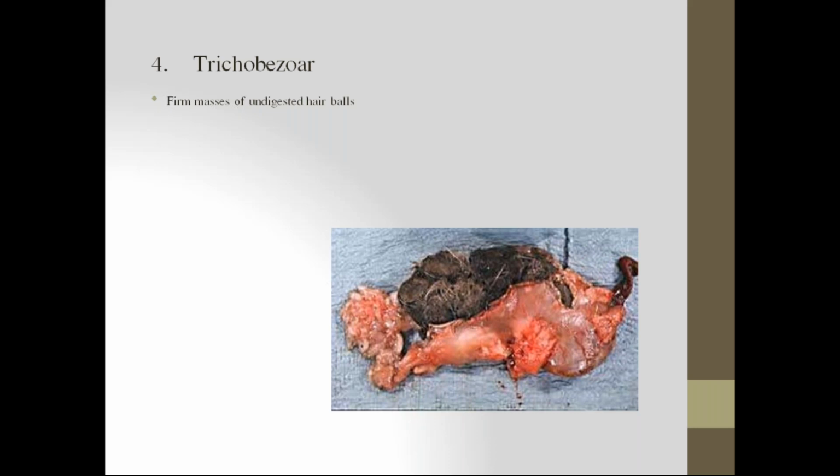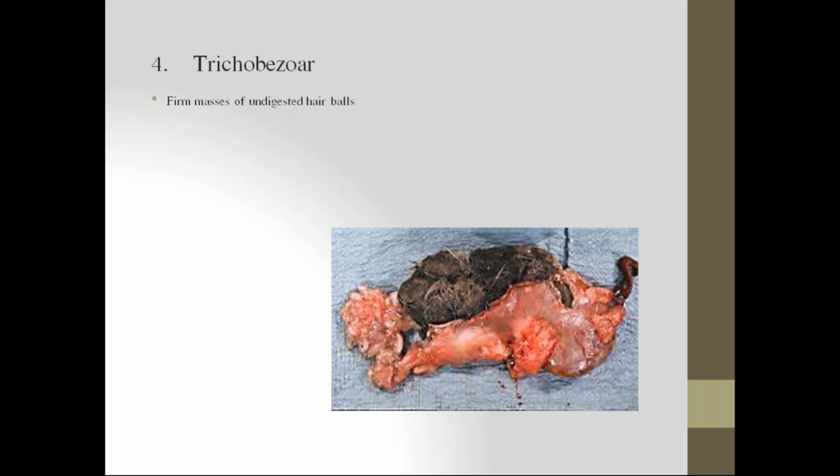Gradually, repeated bouts of similar incidents can lead to stagnation of all this hair, either in the stomach or in the small bowel, most commonly in the stomach. These are resistant to enzymatic digestion, and they form firm masses of undigested hair.